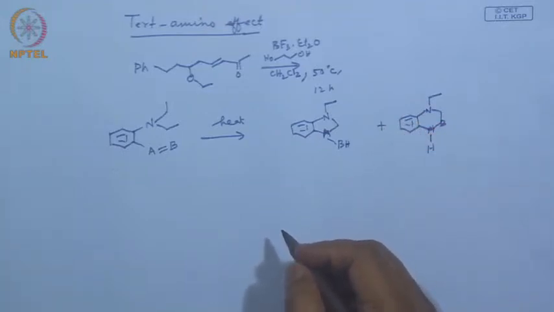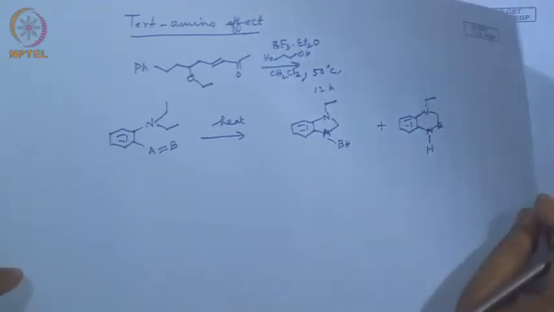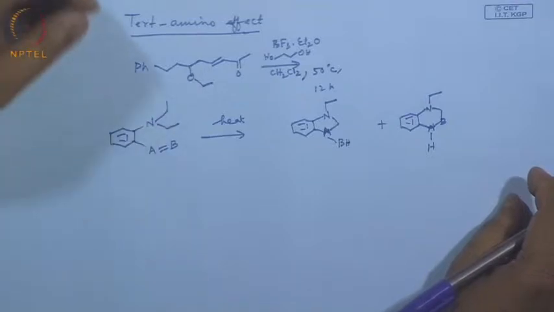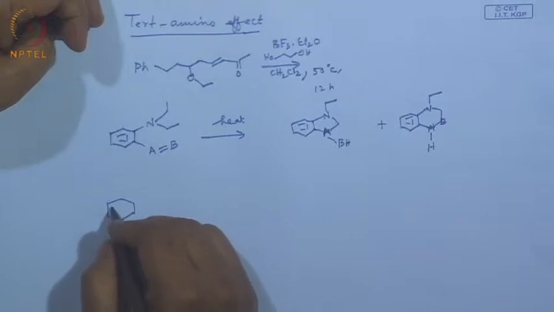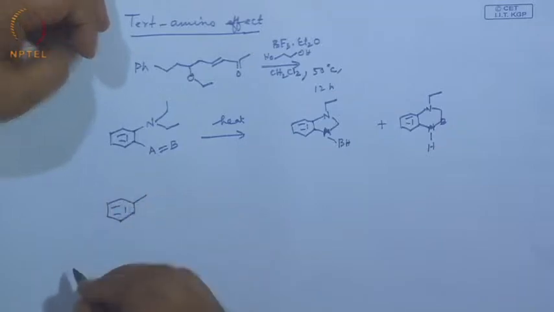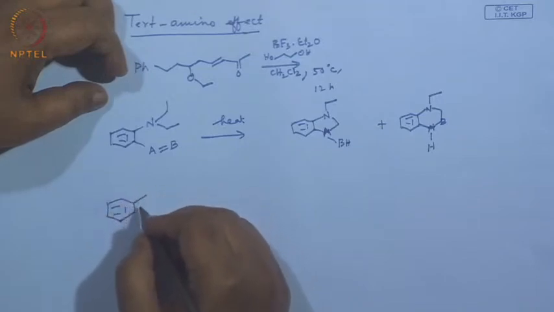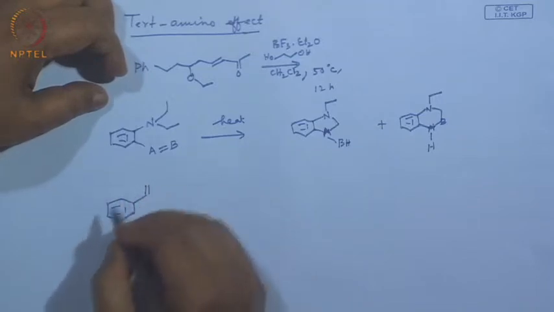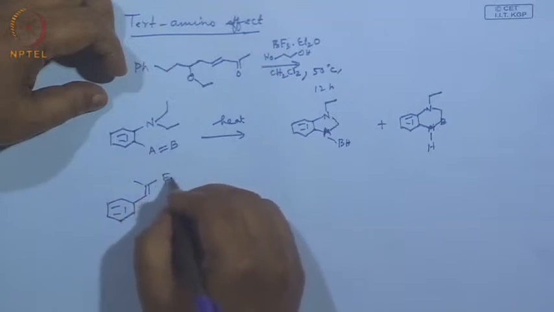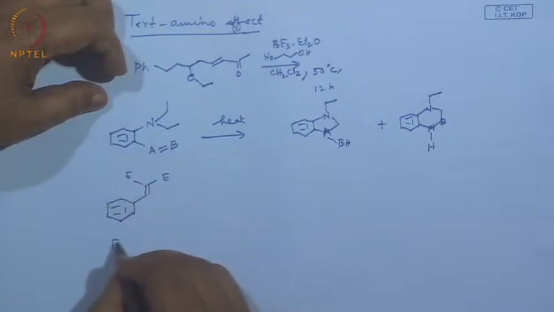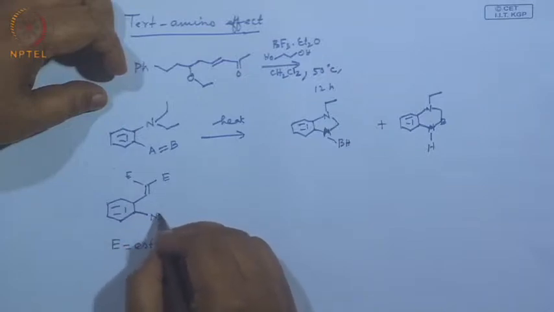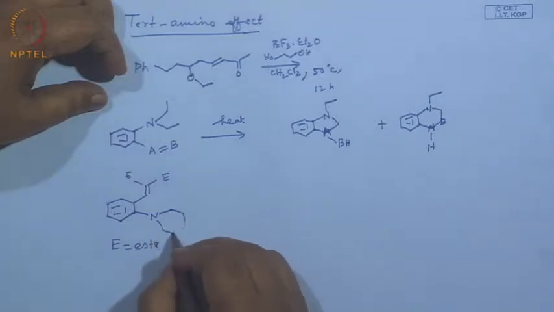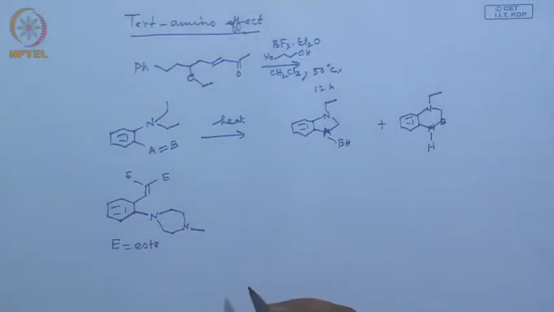And take a precise example, a concrete example. Take this one, and I will just switch these, let us say the double bond on the top. E, in our case, stands for ester, and now this tertiary amine is part of a pyrazine ring system.